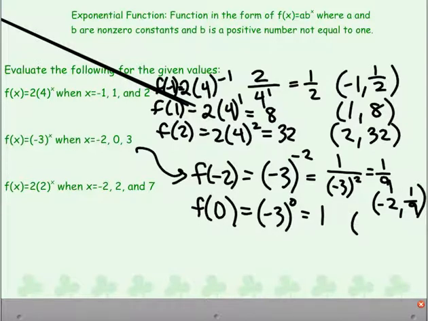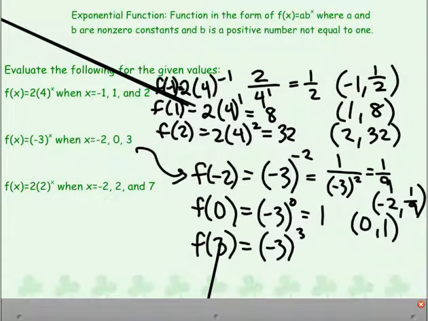So I have a point at 0, 1. And f of 3 is equal to -3 to the 3rd power. I do -3 times -3 times -3, which is -27. So I have a point at 3, -27. Kind of a funky one there.